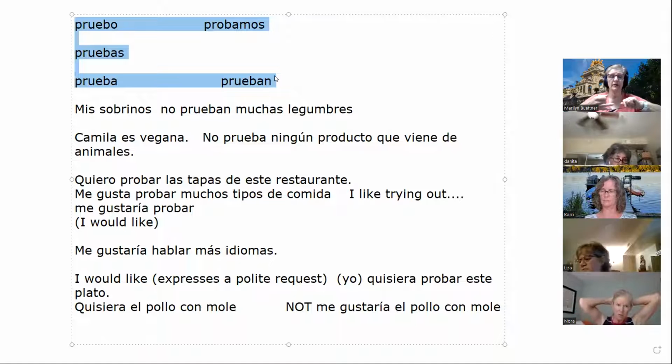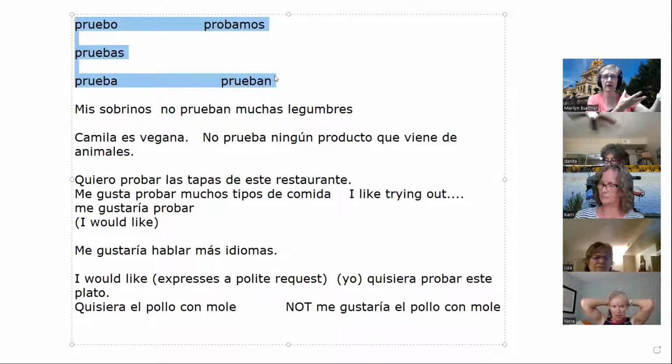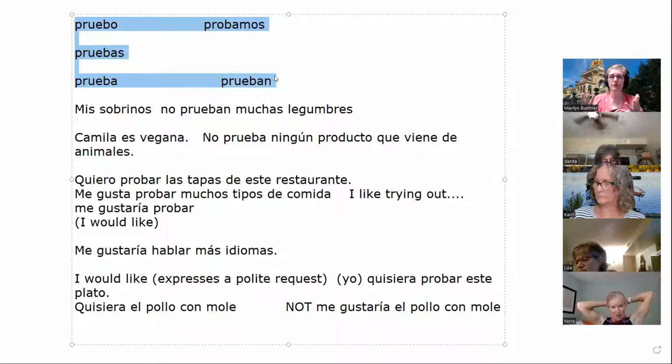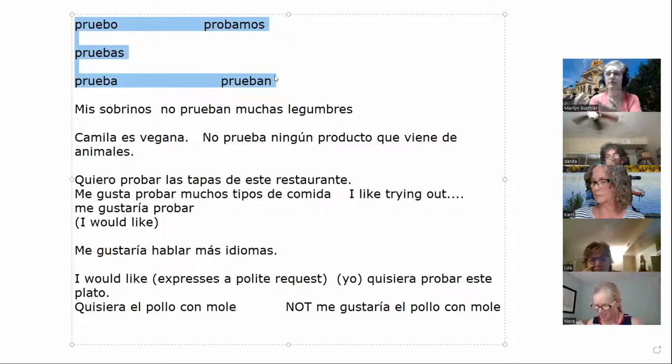Pruebas, what you try, right? Yeah, you are trying it. Prueba, some other person tries it. Probamos, we go back to the o, right? For nosotros. Prueban, they try. That is the simplest way for you to use this to say that you're trying out, meaning sampling, tasting, putting in your mouth some kind of food. Okay, see?